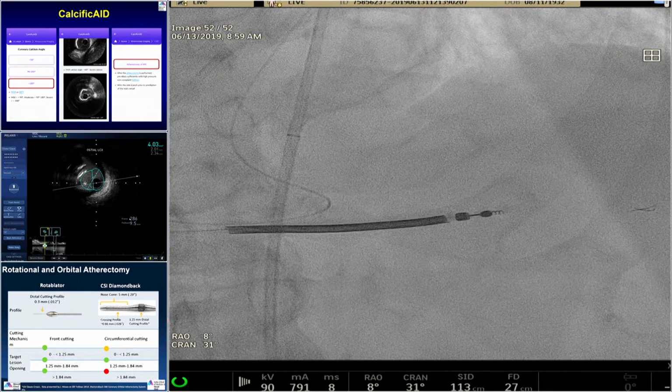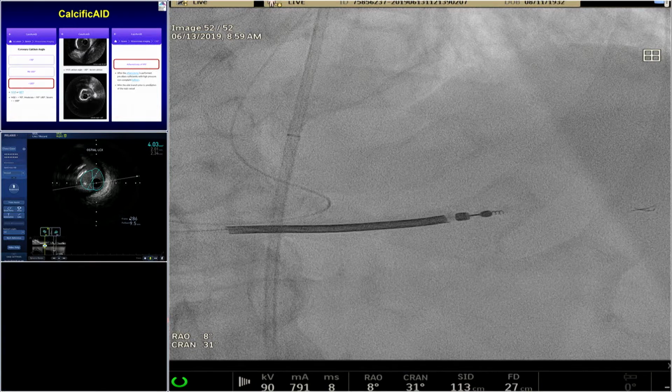Dr. Sharma, you want to comment? Most of the time both can be interchanged. But particularly when you are going to use a 2 burr and above, rotational atherectomy will be preferred, because at most the 1.25 orbital at 120,000 RPM gives a lumen of about 1.7 to 1.8, which may often be enough because it cracks the plaque.